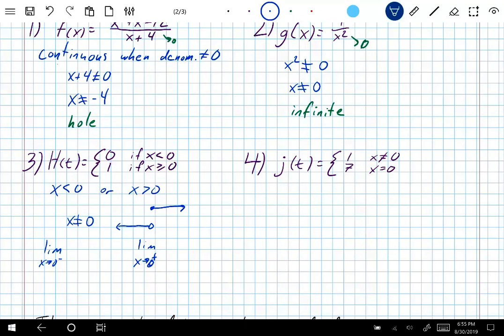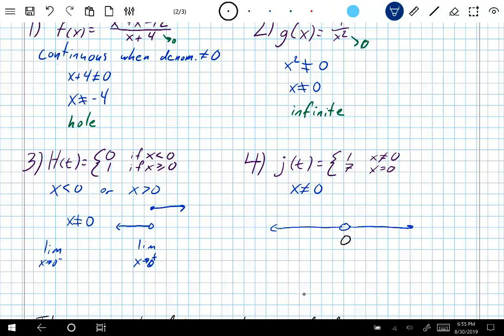All right, number 4, j of t. I wanted to do this one. It is also not going to be, this is going to be continuous everywhere except for at 0, but maybe for a different reason. If I was going to graph this out, then what happens is it is 1 everywhere except for at 0.